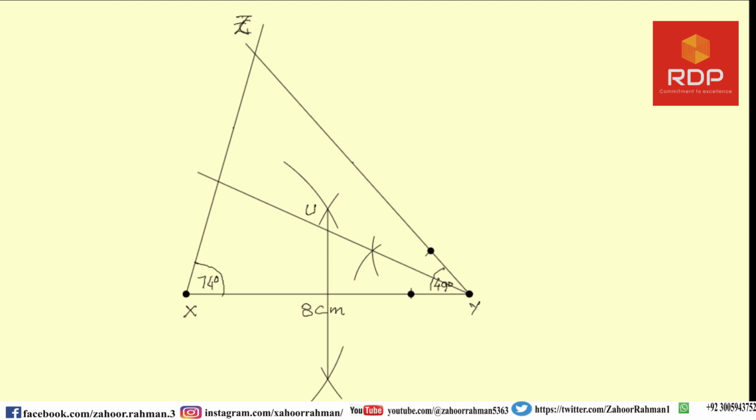Now in the third part, they are saying the point U is equidistant from the points dash and dash. These are empty spaces. So first you have to write X and Y. They are equidistant from X and Y. If you measure this length and this length, they will be equal.